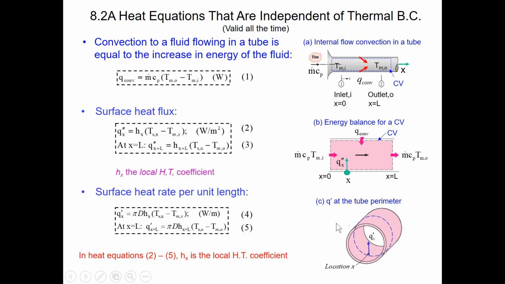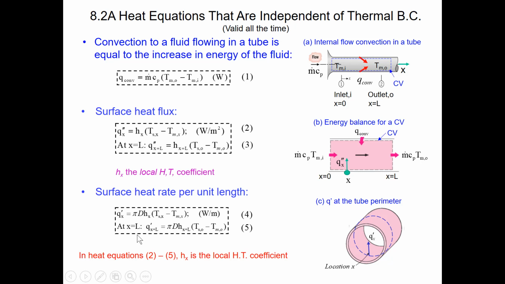If you're interested in the convection heat rate at the tube perimeter at location x, equation 4 relates the surface heat rate per unit length at the perimeter of the location x to the perimeter pi d, the local heat transfer coefficient, and the temperature difference between the solid surface and the moving fluid at location x.